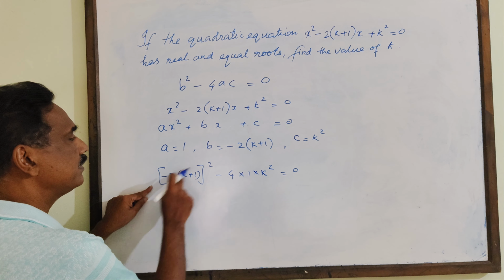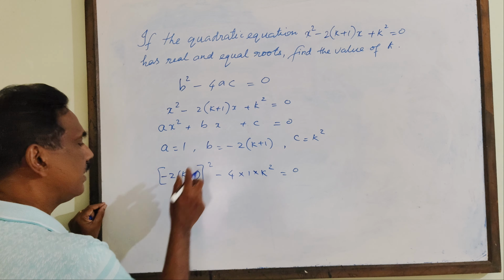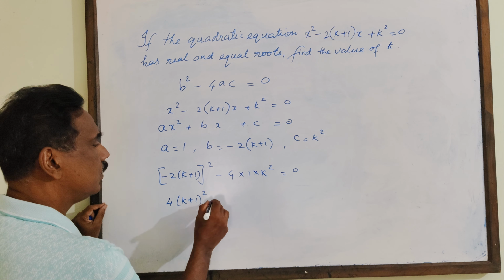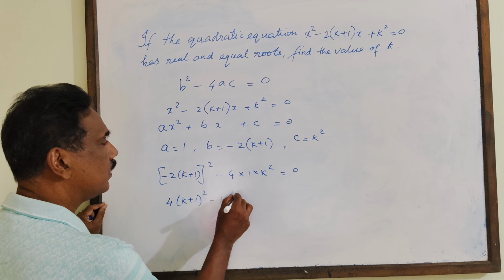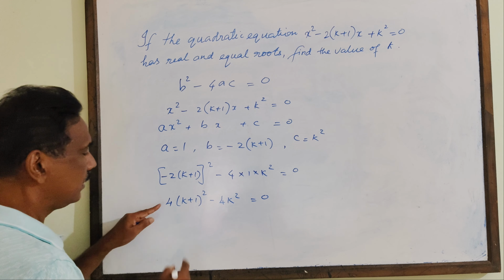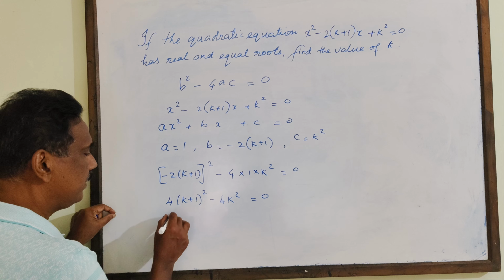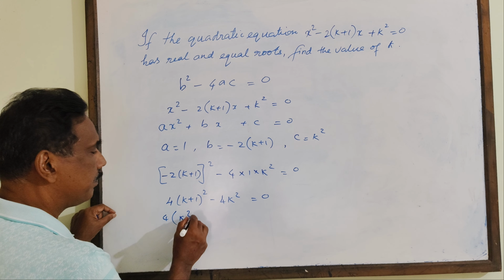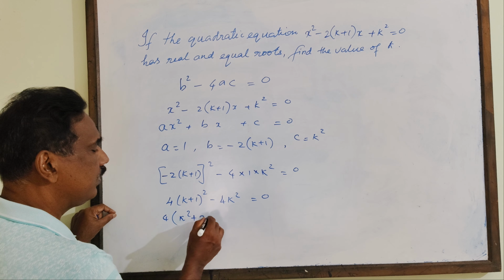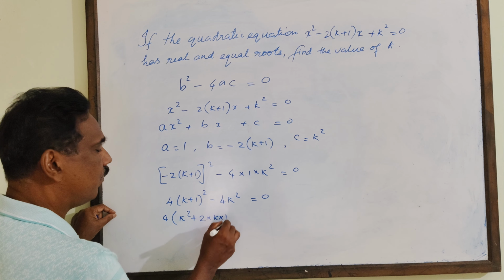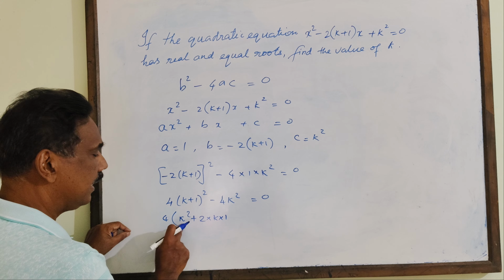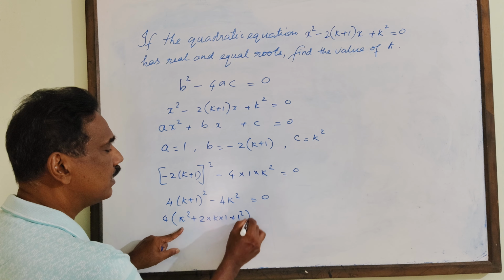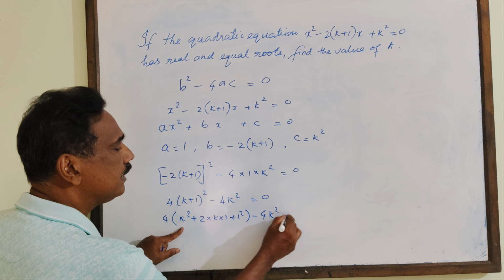When you are opening, minus 2 square becomes 4 into k plus 1 whole square minus 4k square equal to 0. Now open k plus 1 whole square, which is k square plus 2 into k into 1 plus 1 square. This is the a plus b whole square formula, a square plus 2ab plus b square.